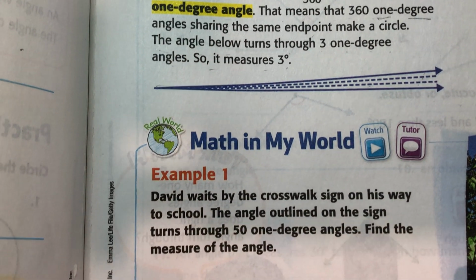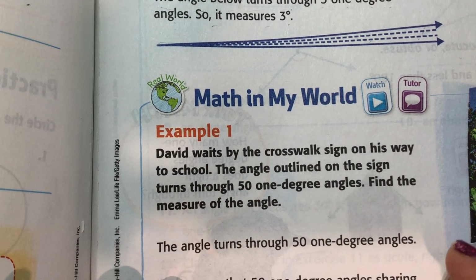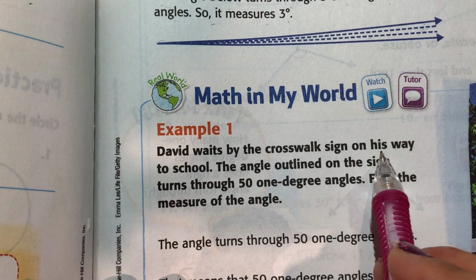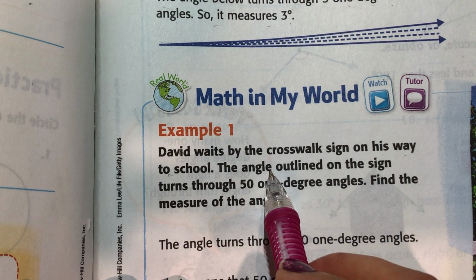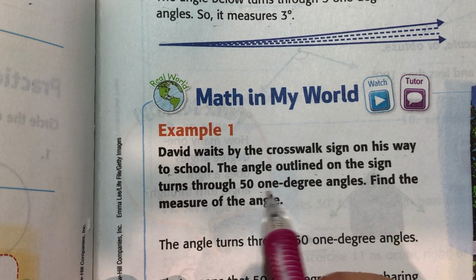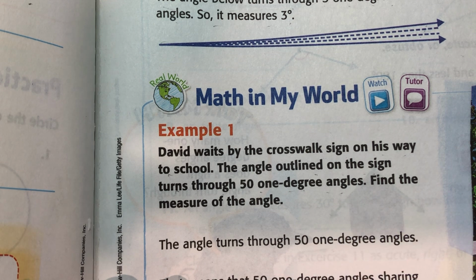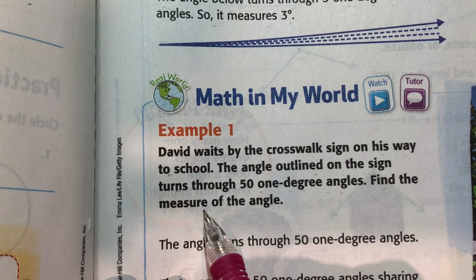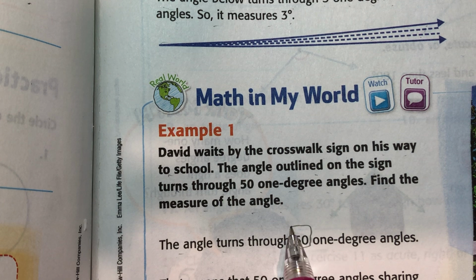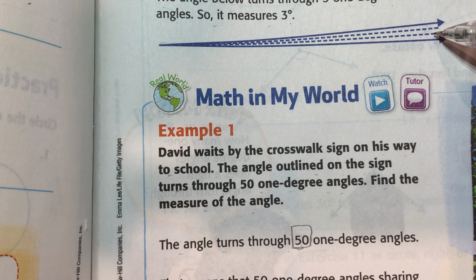Okay? Math in my world. Example 1. David waits by the crosswalk sign on his way to school. The angle outlined on the sign turns through 50 1 degree angles. We're talking about this right here. Okay. Find the measure of the angle. The angle turns through 50, so they're telling you, if you have 50 1 degree angles, that's this size right here.